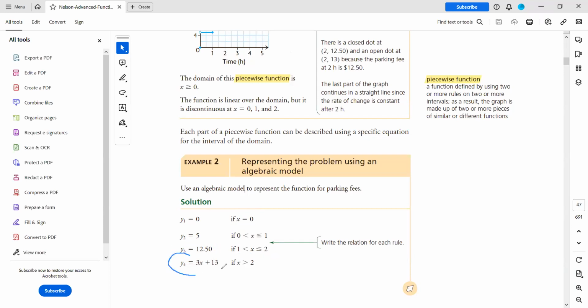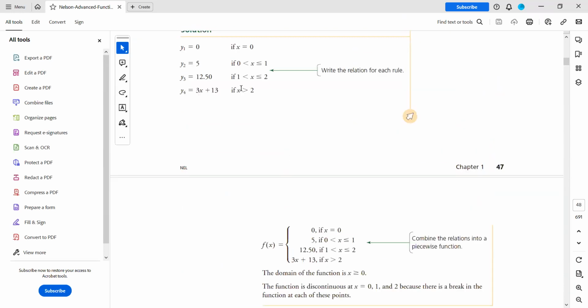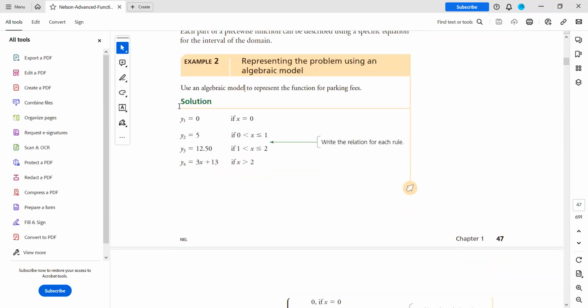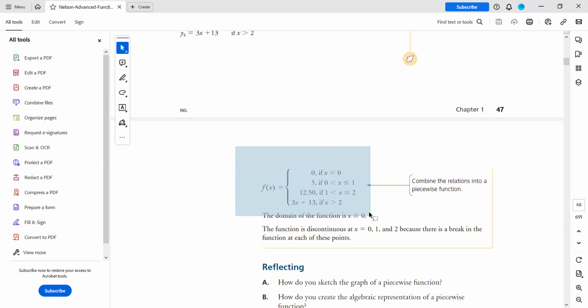Now, finally, after the second hour, we have the following relationship for the fee. Y equals 3x plus 13 if we have stayed there for more than 2 hours. And now we can combine all of these relationships into the piecewise notation.